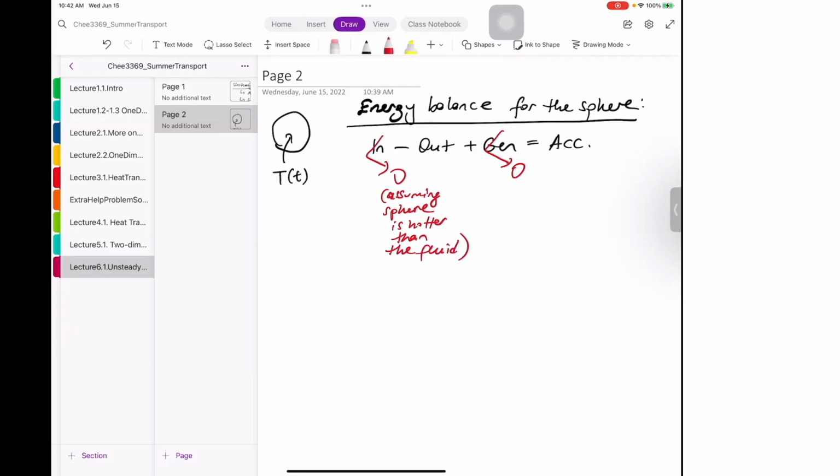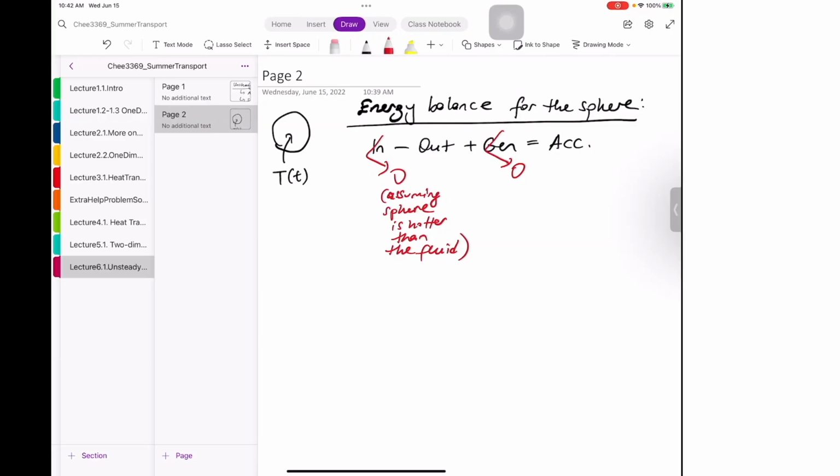That means the sphere is heating up the fluid, not the other way around. So the heat is being transferred from the solid to the fluid, not from the fluid to the solid. If I had the other way around, my out would be zero, but my in would be some positive number.